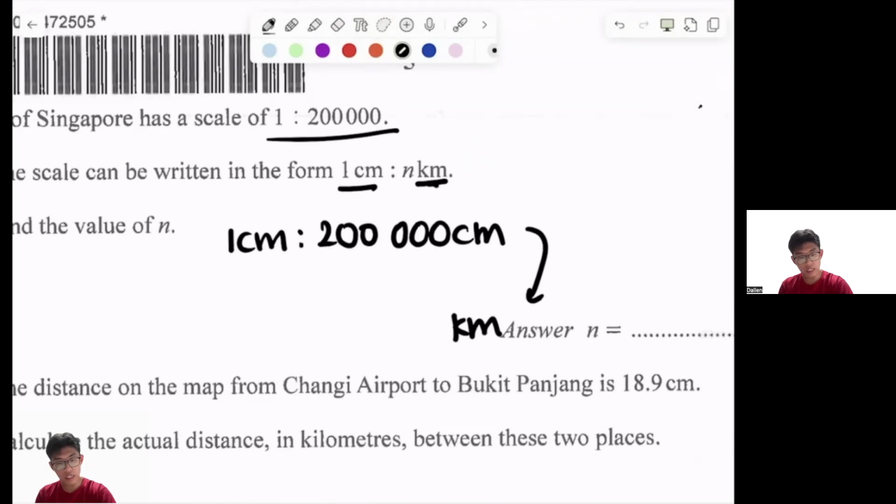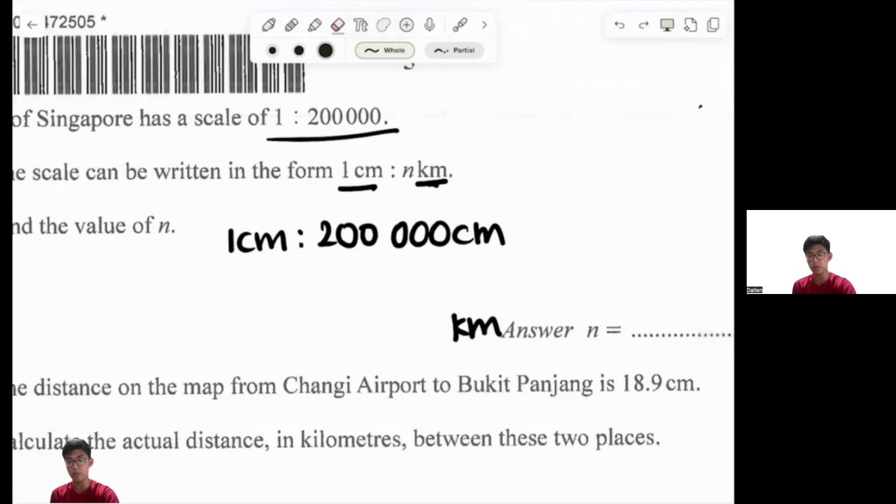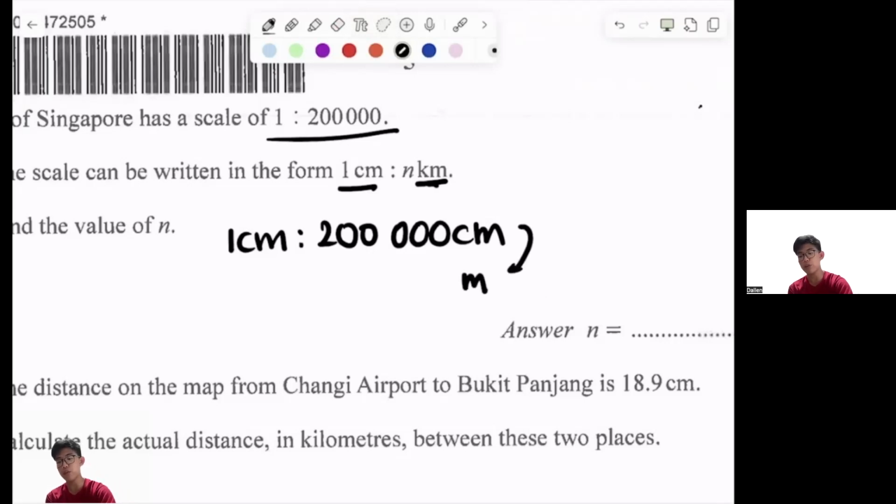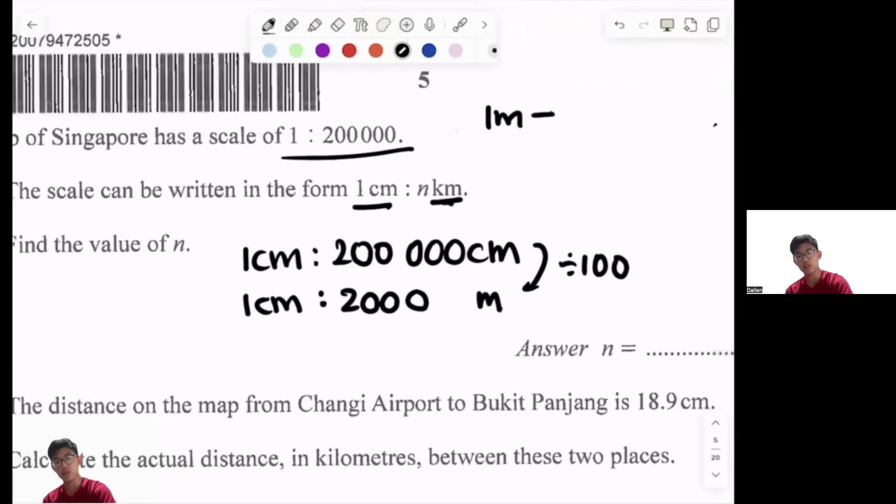So from cm to meters, we may not memorize what is cm to kilometers, right? So what I always do is I will slowly convert it, meaning I will first convert it to meters. Cm to meters, I know you cut off two zeros, divide by 100, 2,000, right? Because we know that 1 meter is 100 cm.